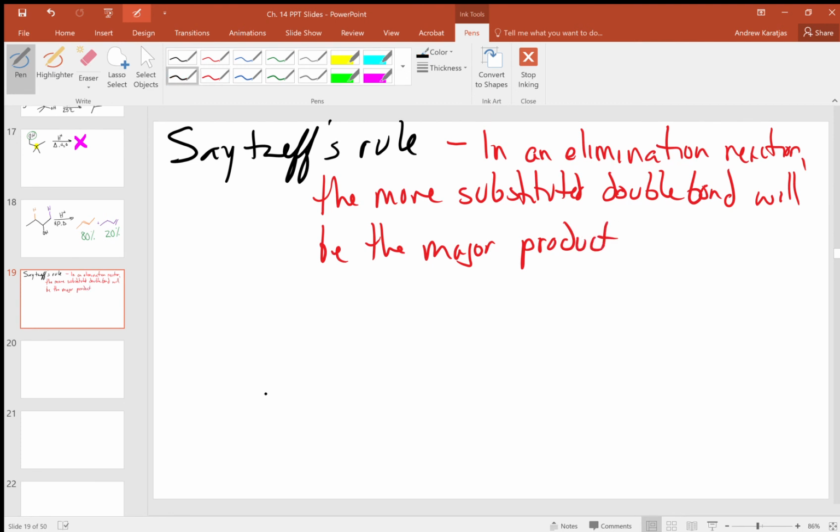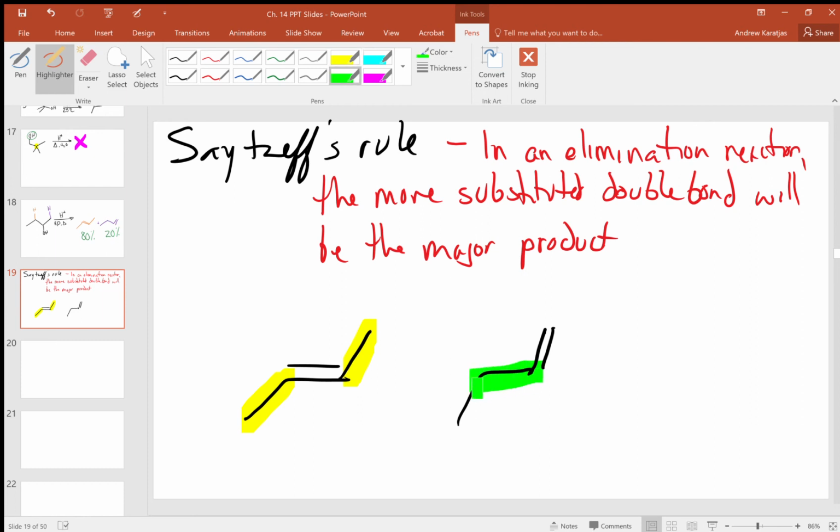And what we mean by that is if we look at our two possible products from the previous reaction, 2-butene and 1-butene, in 2-butene, the double bond has 2 substituents on it, whereas in 1-butene, there's only 1 substituent on the double bond. And so that means that 2-butene is more substituted and therefore will be preferred.